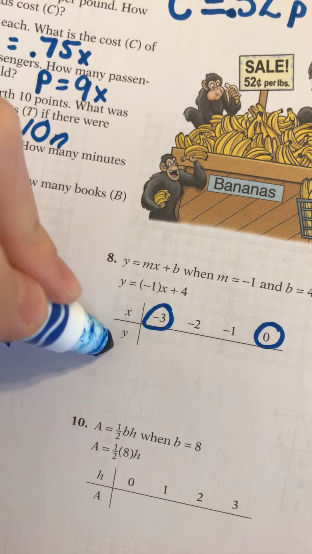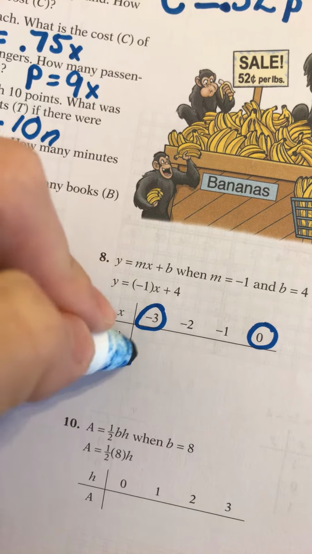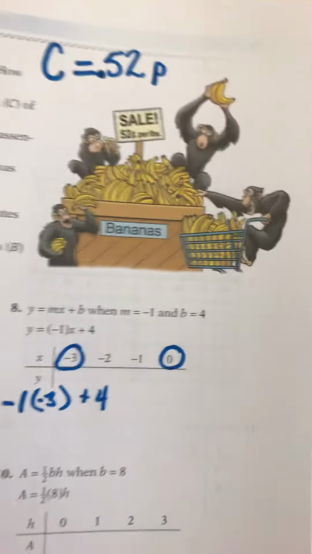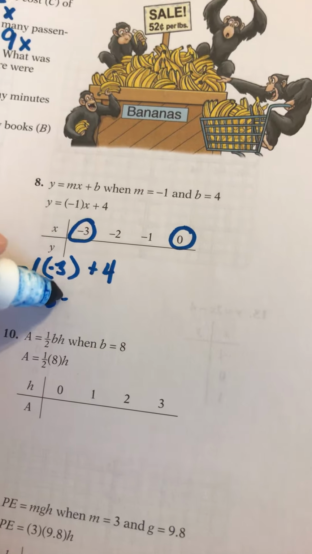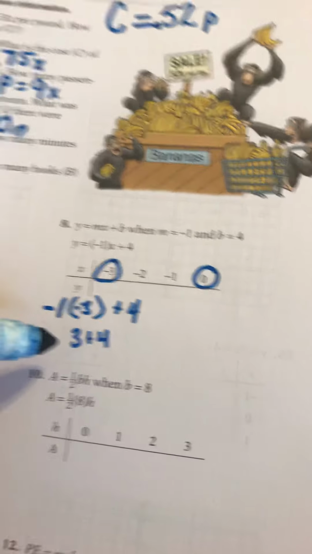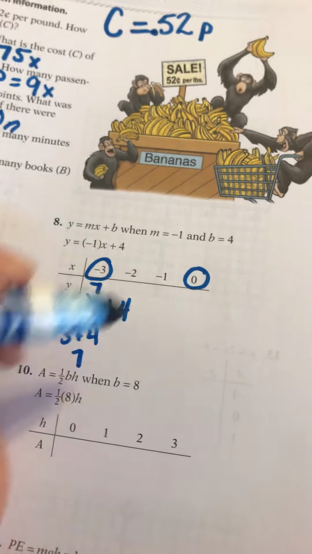So -1 times -3 plus 4. Ooh. So -1 times -3, negative makes a positive. So we have 3 plus 4. Then 3 plus 4 equals 7. So right there, it equals 7.